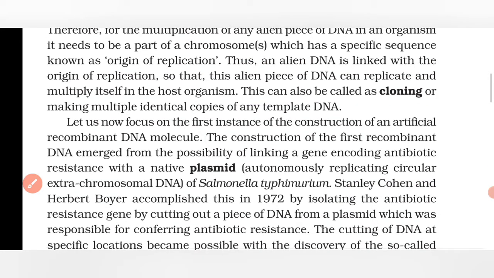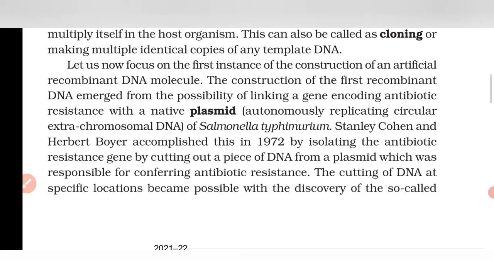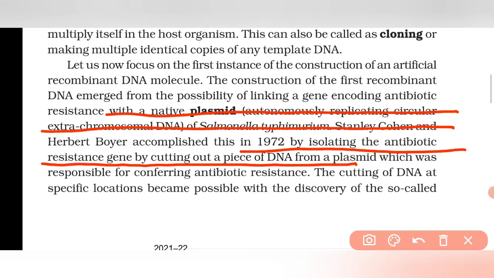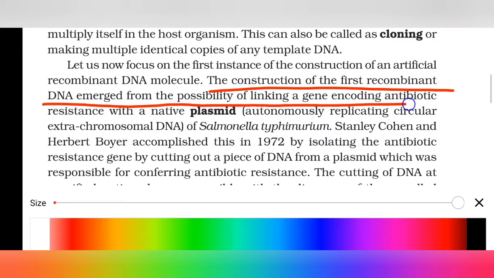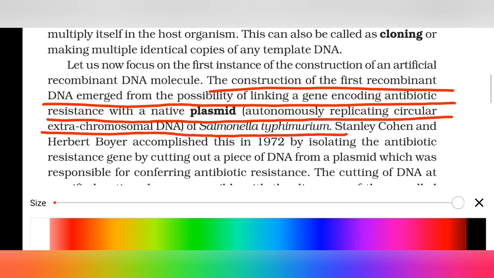Let us now focus on the first instance of construction of an artificial DNA molecule. This is not that important, but remember this: the construction of the first recombinant DNA emerged from the possibility of linking a gene encoding antibiotic resistance with the native plasmid, that is, a small circular autonomously replicating extra-chromosomal DNA of Salmonella typhimurium.